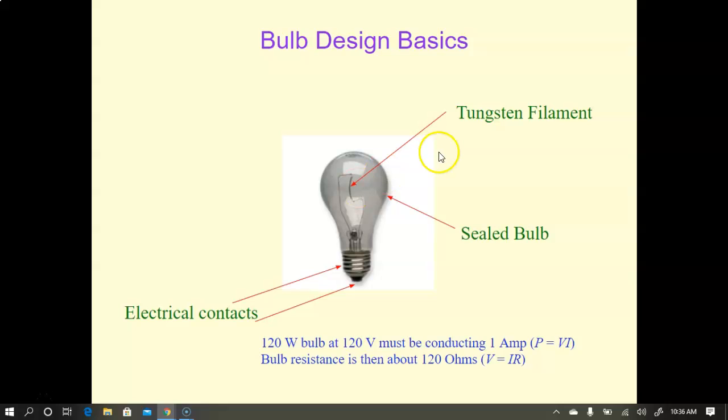That's the key to making it work. In a traditional incandescent light bulb that is done with tungsten, which is one of the reasons why we are trying to move away from those bulbs nowadays, because tungsten is getting fairly rare. It's hard to find on the planet anymore. It's not easy to work with either.